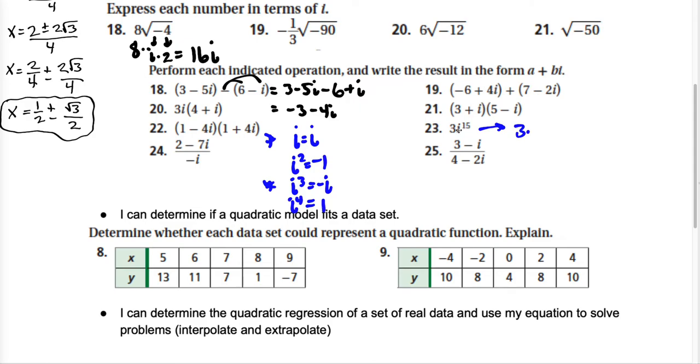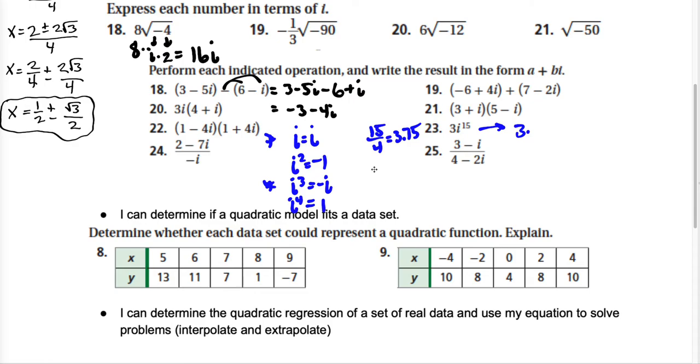For i to the 15th, because it goes in a cycle of 4, I'm going to take 15 divided by 4, and that answer is going to be 3.75. If I remember right, this is how you guys liked doing it with the decimal ending. You didn't seem to like remainders?